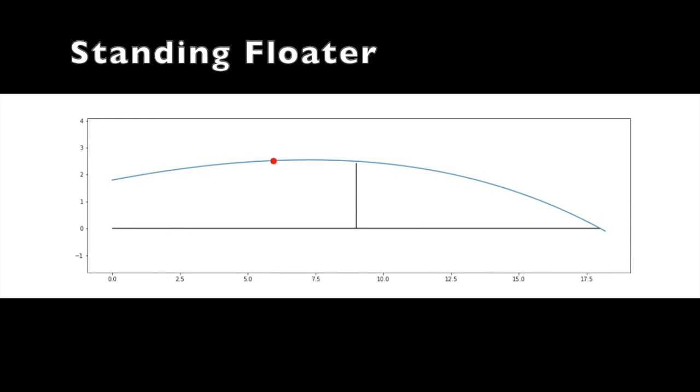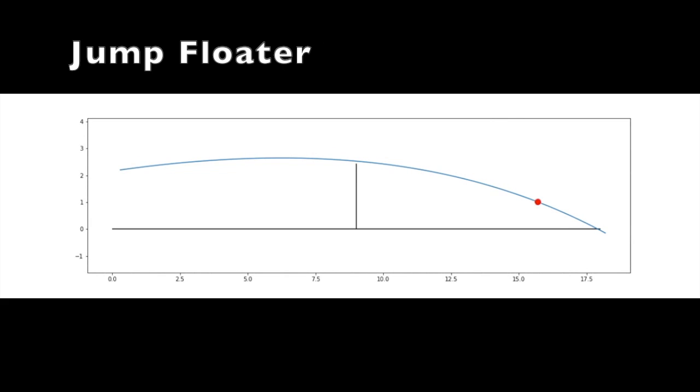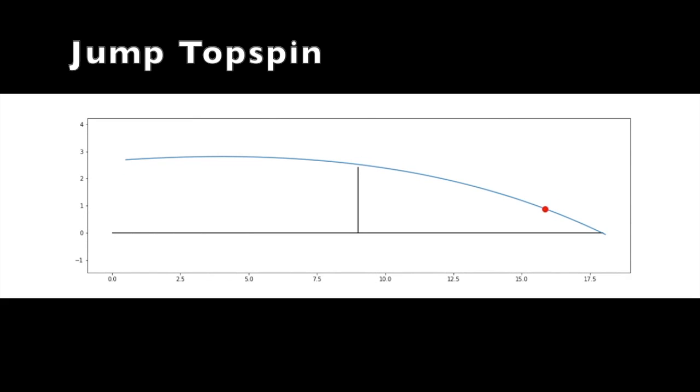Here's the standing floater serve animation. Next, we have the jump floater serve animation. And finally, we have our jump topspin serve animation. All of these animations are in real time, so this is how fast the ball will be going on an actual volleyball court.